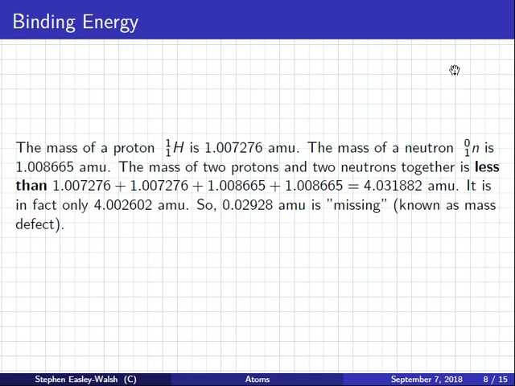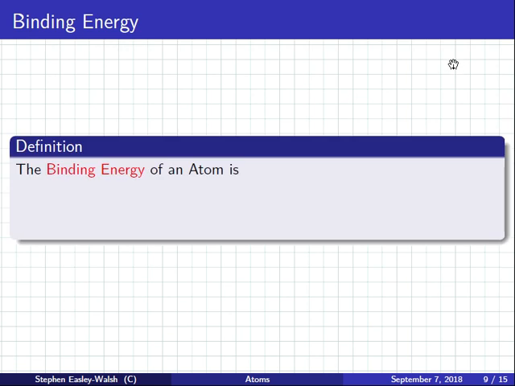So this gives us the idea of what's called the binding energy, the energy used to stick two protons or two neutrons or whatever together. And the binding energy of an atom is the energy required to hold the nucleus together.